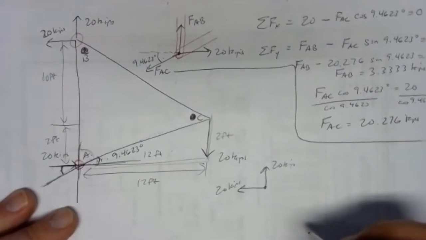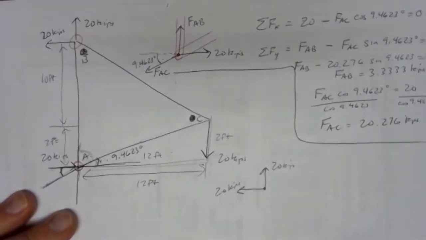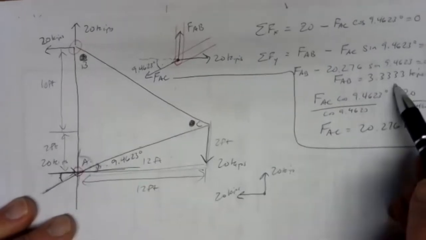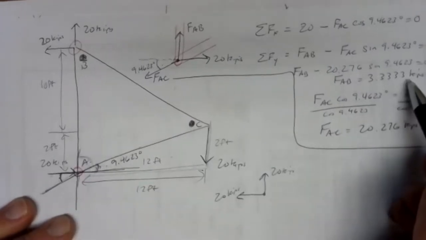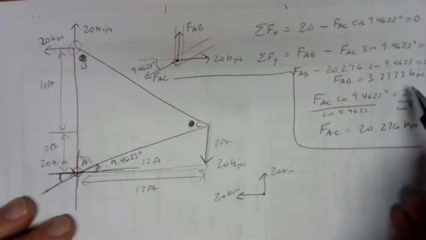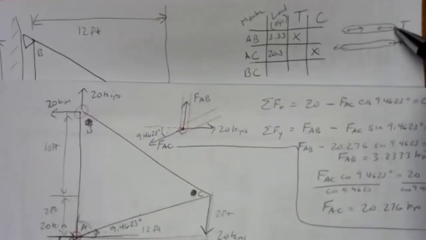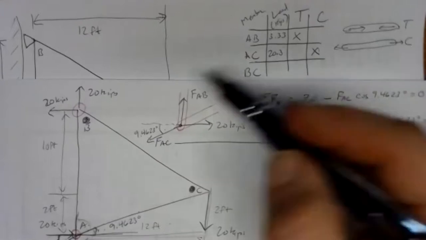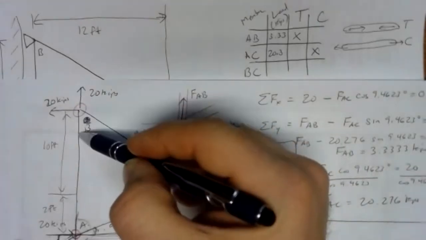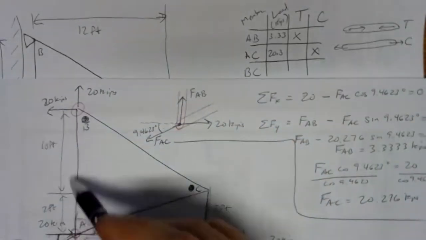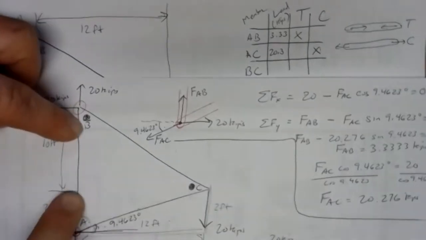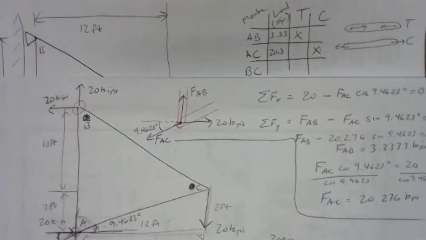And then I've got my two unknowns, really only one unknown because I know what's going on with AB. Member AB carries 3.3333 kips in tension. And if we go back to the picture here, tension means pulling inward. So pulling inward at the top here would mean pulling down. Remember, AB is in tension, so it's that stretched out rubber band. It's trying to bring the joints closer to each other.